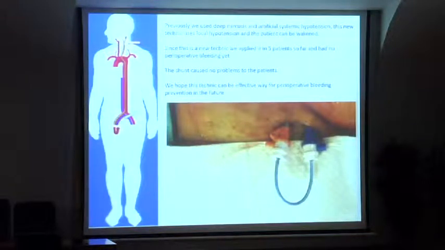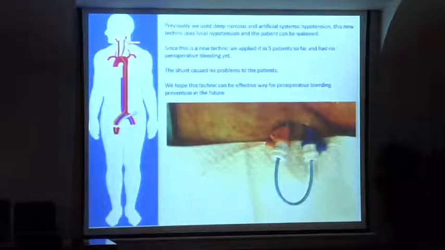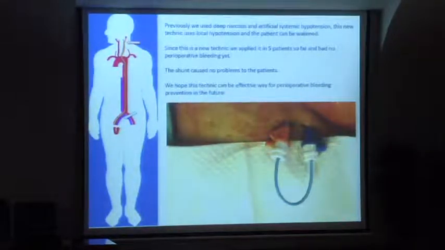This new technique uses local hypotension and the patient can be awakened. Since this is a new technique, we applied it in 5 patients so far and had no perioperative bleeding yet. The shunt caused no problem to the patient. We hope this technique can be an effective way for perioperative bleeding prevention in the future.